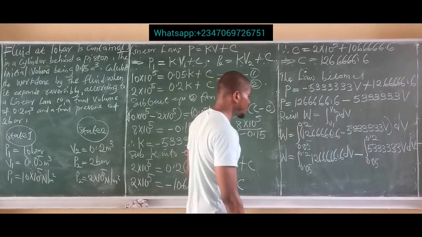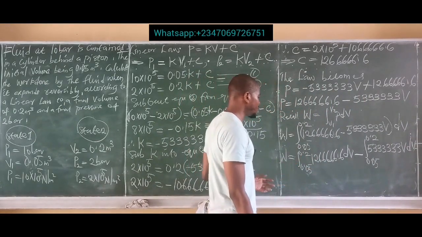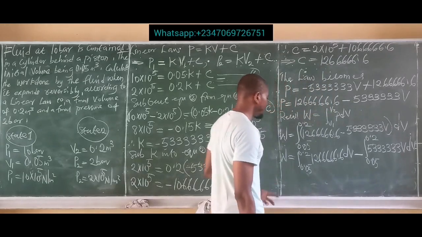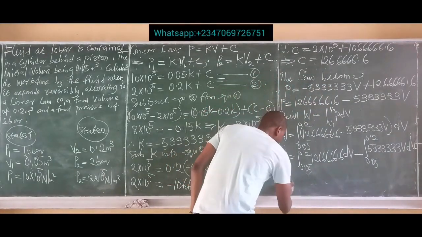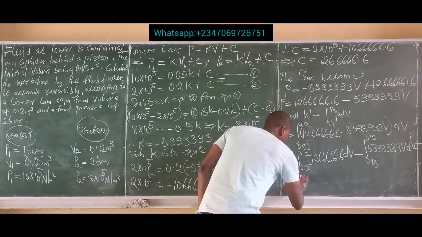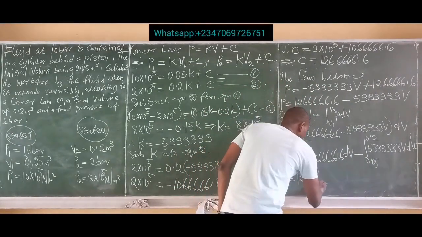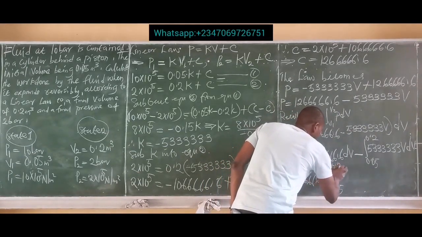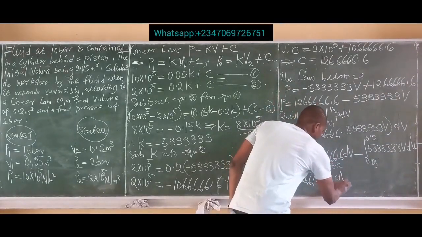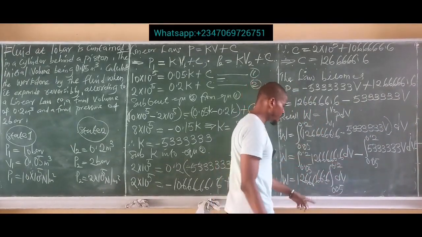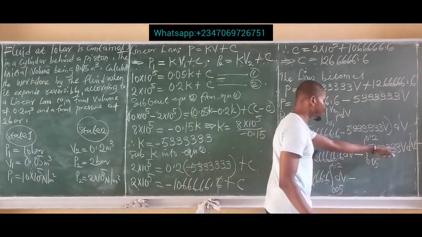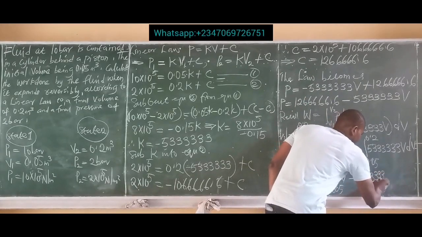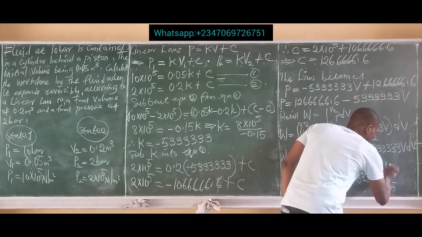Now, from the rule of integration, always pull a constant term out of the integral sign. These numbers are constant terms, so pull them out of the integral sign. If we do that, work done is equal to 126,666.6 integral from 0.05 to 0.2, and I'm left with dV for the first case, minus, pulling out these numbers, 5,333,333 integral from 0.05 to 0.2.